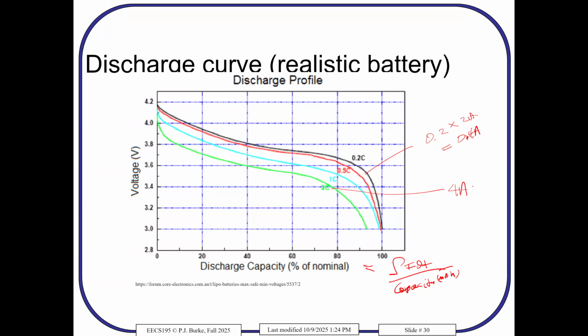And so now a typical flight profile will be you go here, you take off, and you start to use some battery, and then you land, and then you go back to zero current. So when you're in the air, the discharge curve is this green one, but when you're on the ground, the discharge curve is the black one.